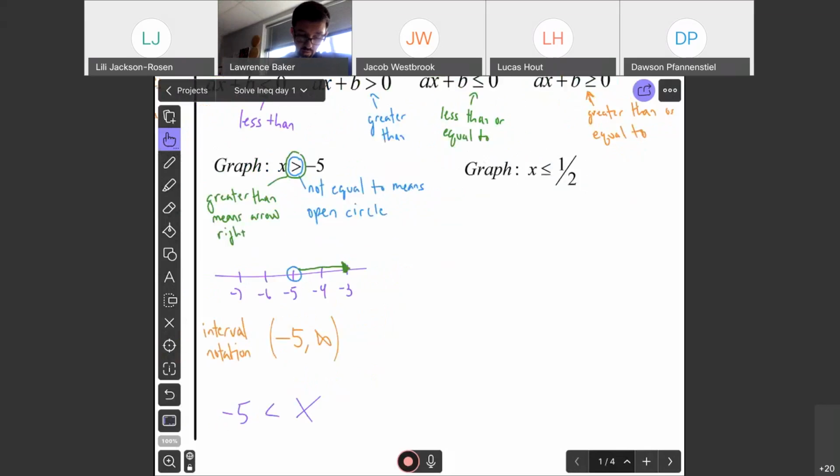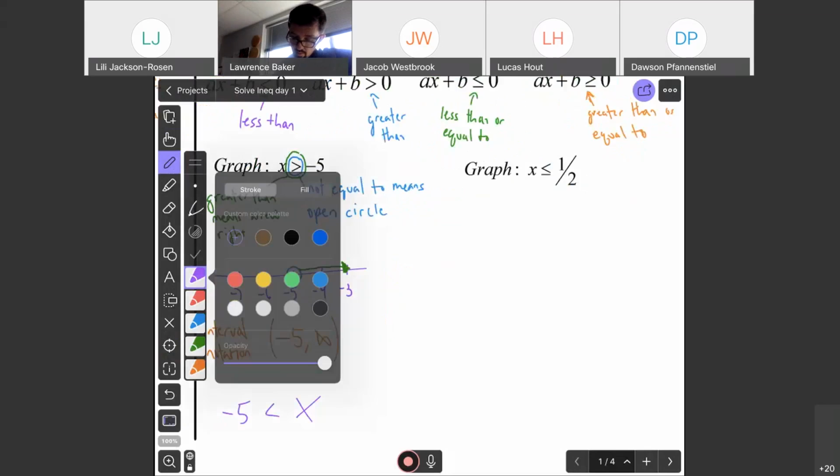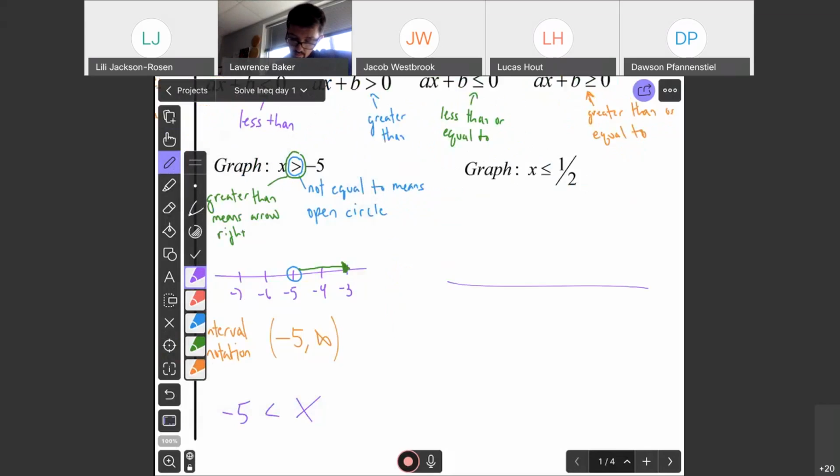And then if I graph the next one. When you go to graph a fraction, we don't put fractions on number lines. Like I'm not going to label that 1/2, and then this is 1/4, and that's 3/4. We don't do that. The reason is there's no set way of how to break down the fractions.